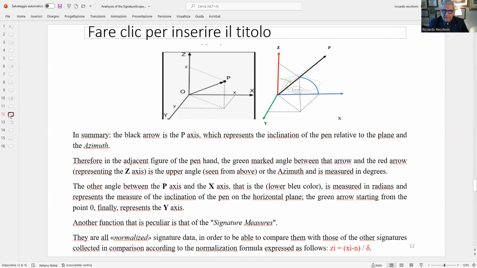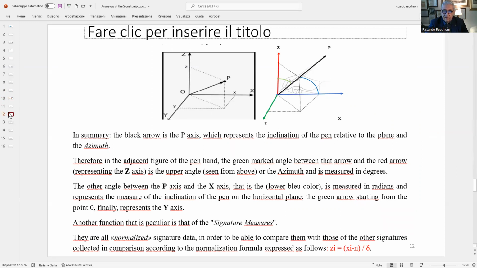In summary, the black arrow is the p-axis, which represents the inclination of the pen relative to the plane. Therefore, in the adjacent figure of the pen, the green marked angle between that arrow and the red arrow, representing the z-axis, is the upper angle seen from above, or the azimuth, and is measured in degrees.